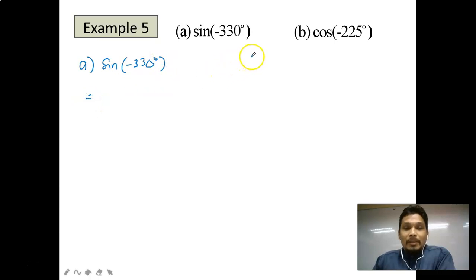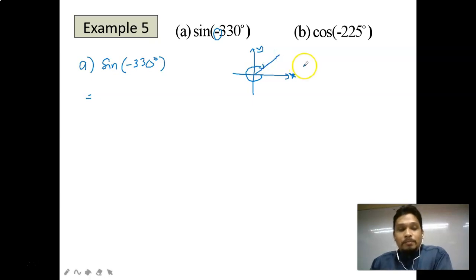Okay, but before that, negative 330 means that from here, negative means that it's a clockwise direction: negative 90, negative 180, negative 270, and negative 330 degree. There you go.